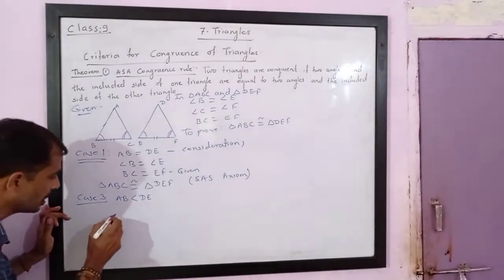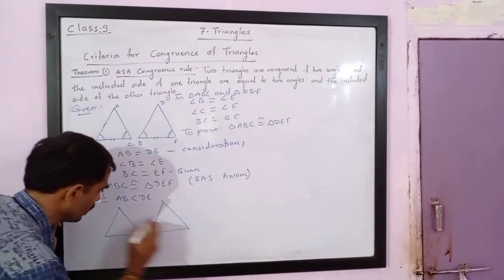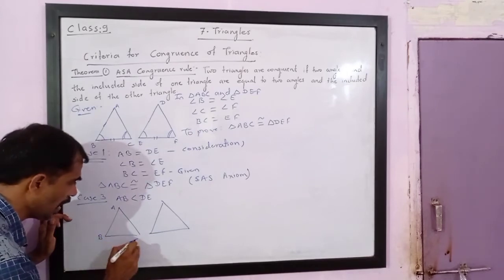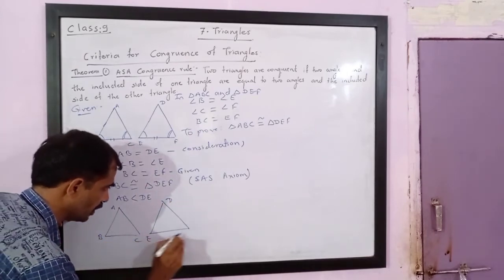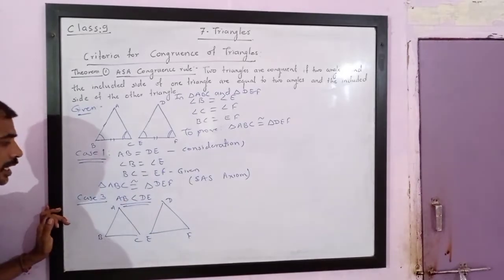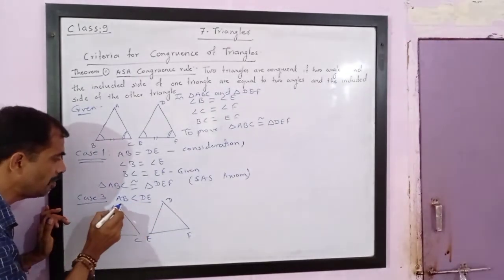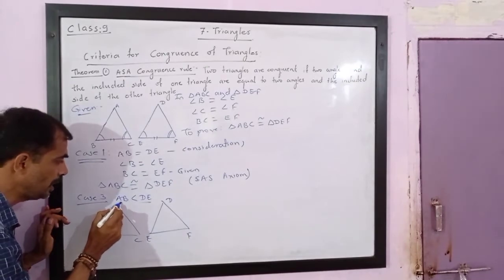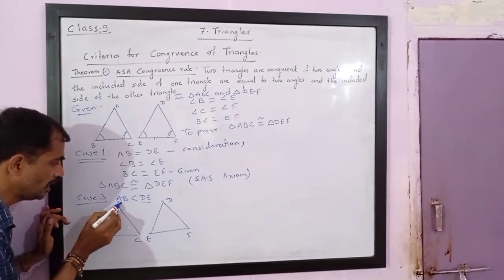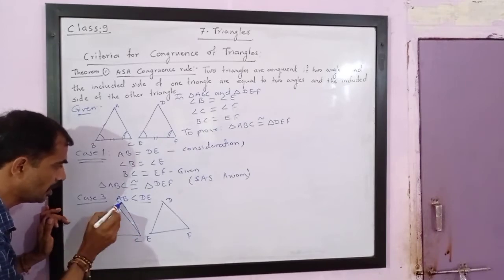So consider the triangles ABC and DEF. In this, we consider that AB is smaller than DE. Then extend AB up to point P such that PB is equal to DE.